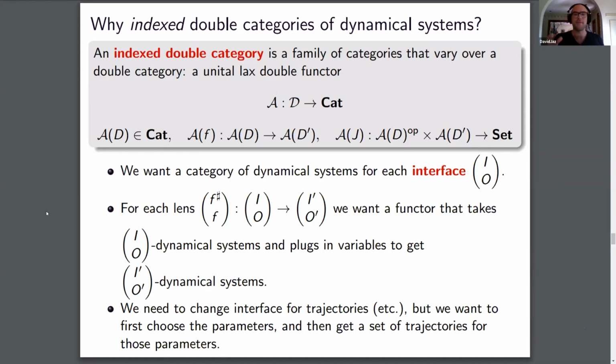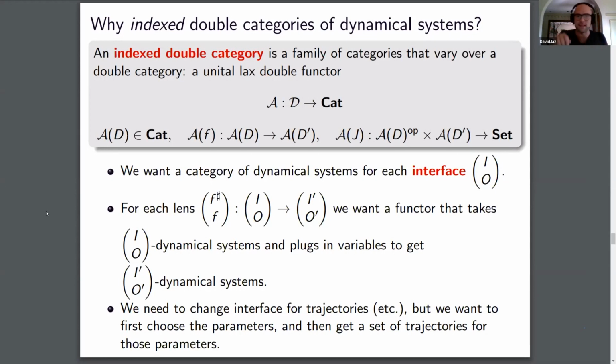So the way that's going to work is to every interface I/O, which is the sorts of variables we're exposing, O, together with the sorts of parameters we're using, I, we're going to get a category of dynamical systems with that interface. And then for every lens, we want a functor that takes an I/O dynamical system and plugs in, does what the lens says.